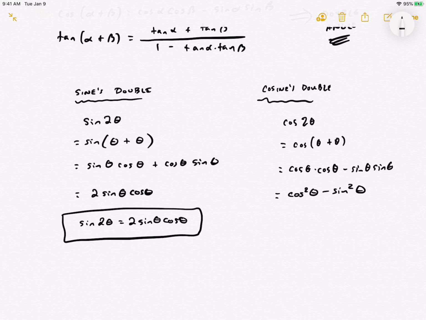And that is cosine's double angle identity. Cosine of 2 theta is cosine squared minus sine squared.